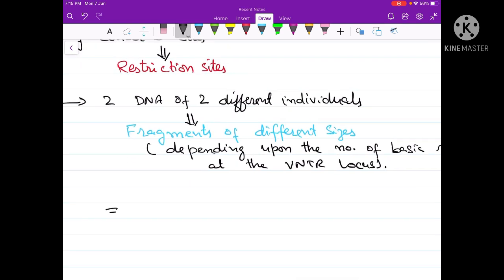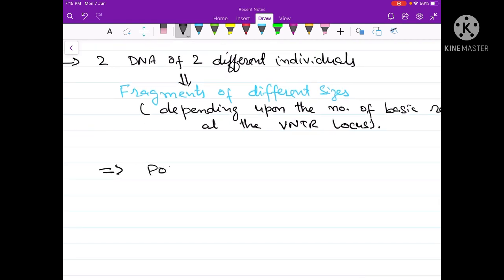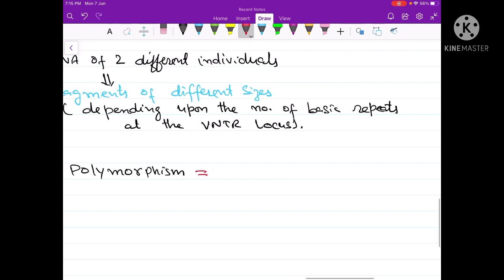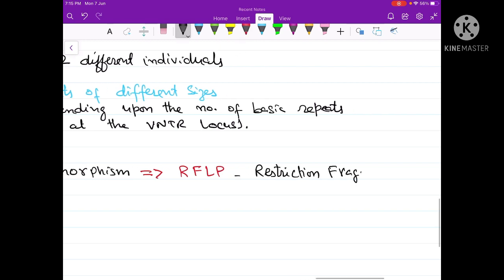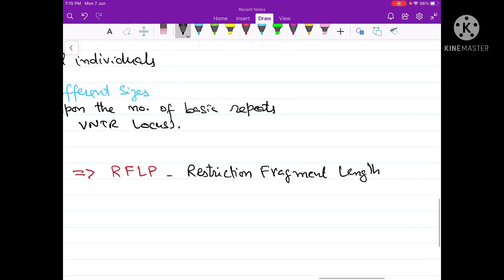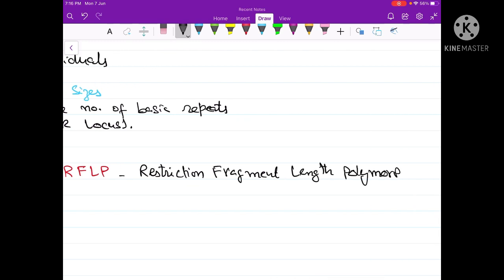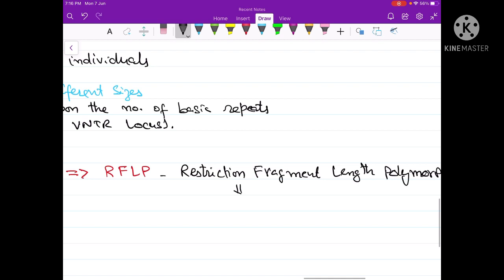As these different sized fragments are produced, different organisms will show what is called polymorphism. This type of polymorphism is called restriction fragment length polymorphism, because the same restriction endonuclease results in production of different sized fragments.